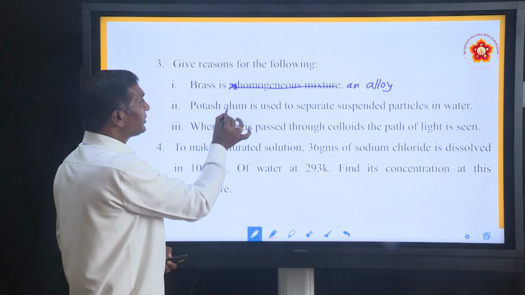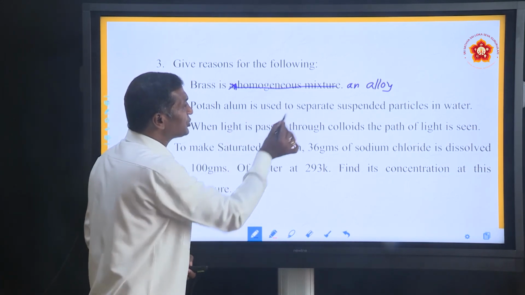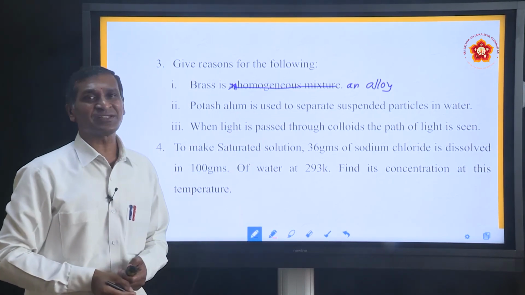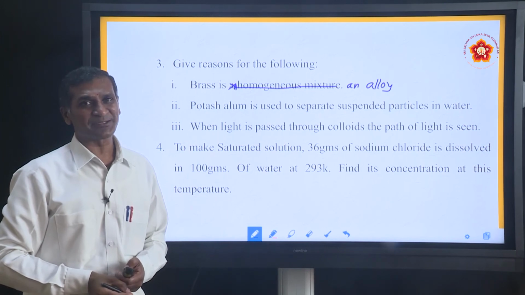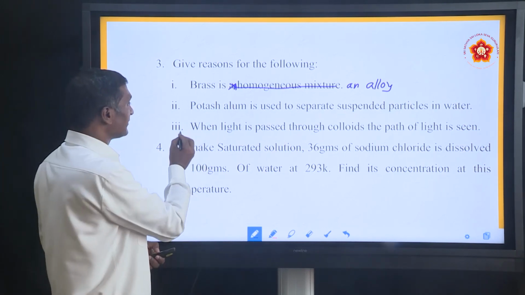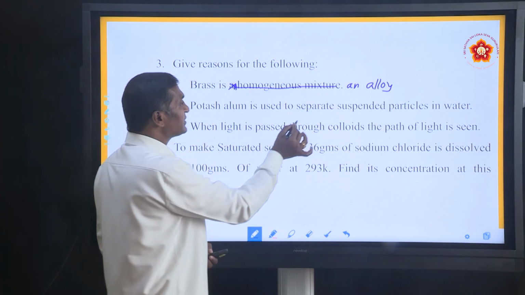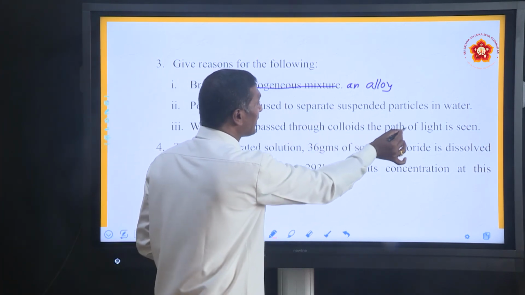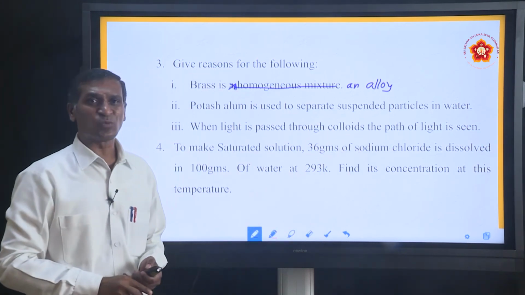Second one, potash alum is used to separate suspended particles in water. Third one, when light is passed through colloids, the path of light is seen. Why?